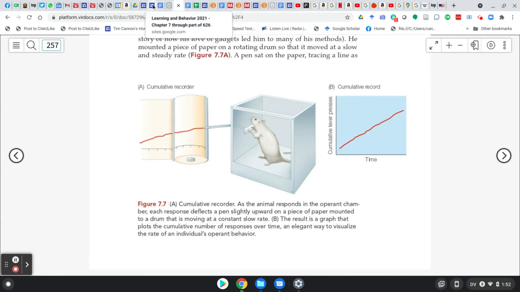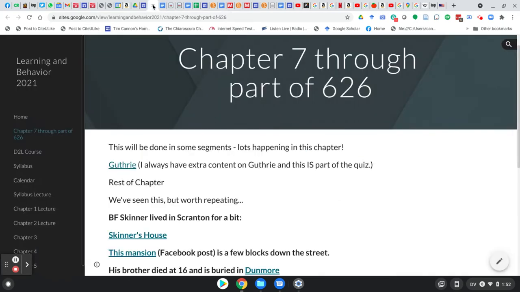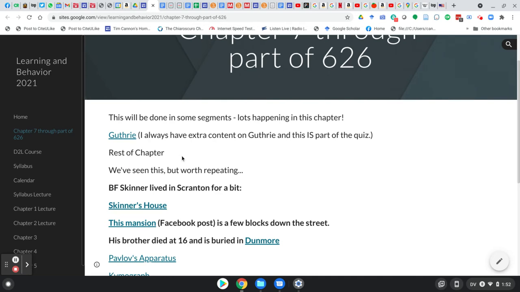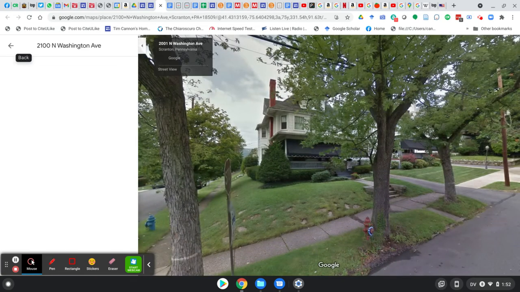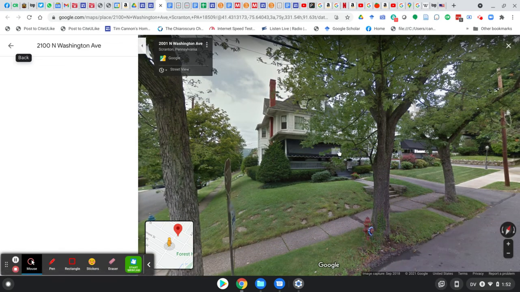Let's look at my links. Okay, so again, I obsess over Skinner, and we've seen this before. Here's this house on North Washington Avenue. Very nice corner lot. Senator Casey, Senator of Pennsylvania, his house is a little bit up the street, across the street.